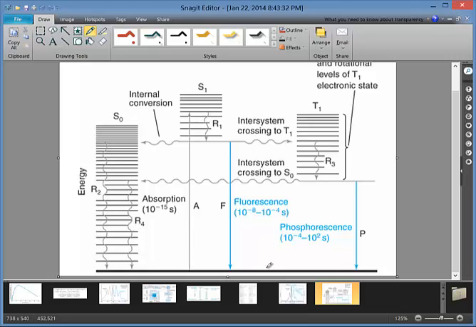This big dark line down here is the ground state, and we're going to start right in the middle of this figure, where a photon is absorbed, and we get excited into what is called an S1 or singlet excited state. What's important here is just that we've absorbed some energy, and since we're talking about electronic transitions, the electron has gone from a lower orbital to a higher orbital.